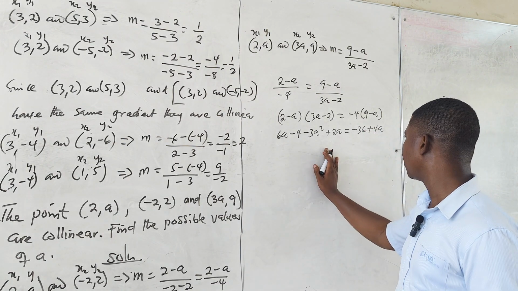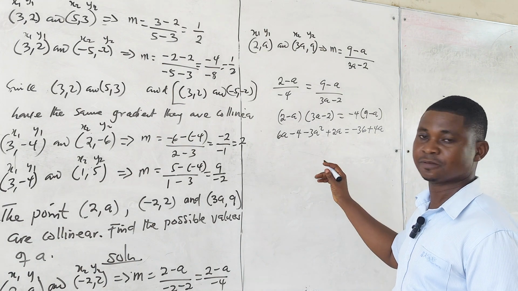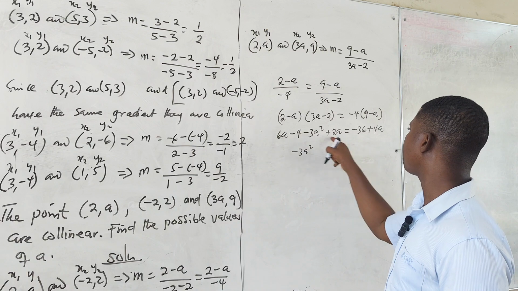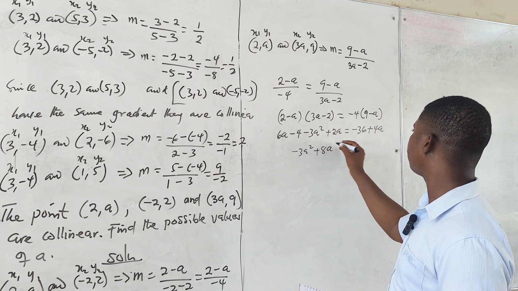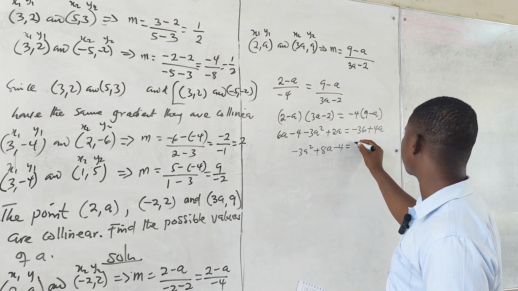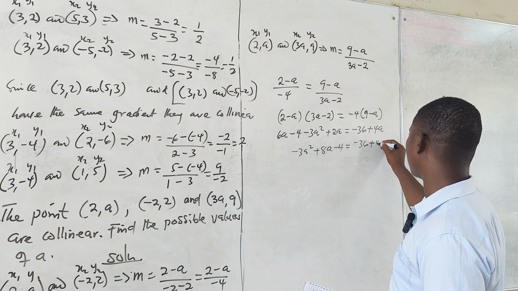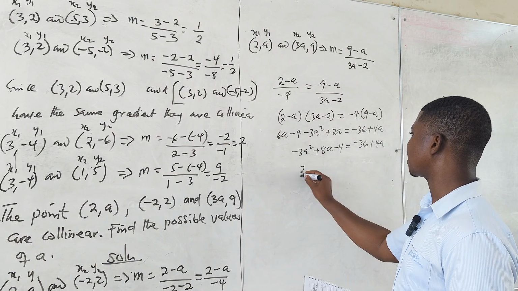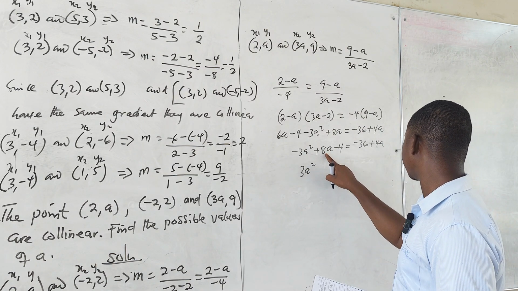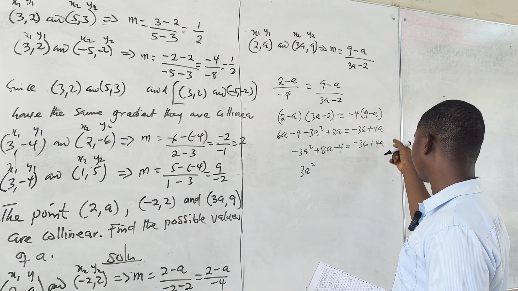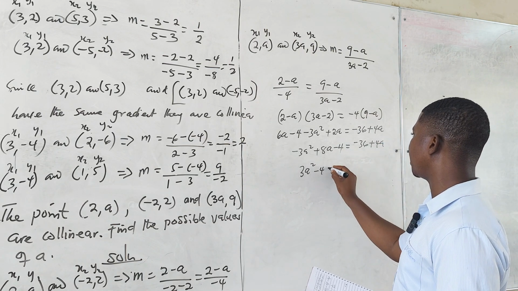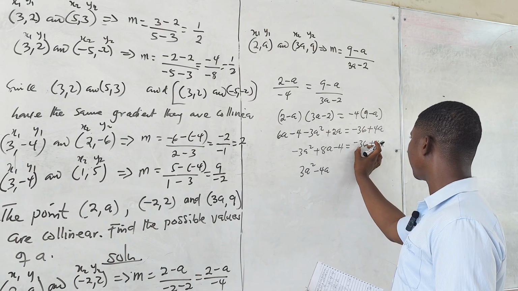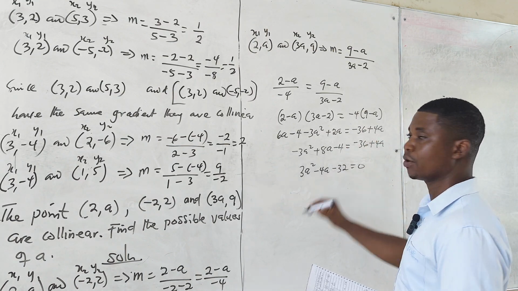So having gotten that, we can continue to simplify this. Let's group them. We have minus 3a squared plus 8a minus 4 is equal to negative 36 plus 4a. So we can send all of them to this place. So this one is negative, moving to this place becomes 3a squared. 8a moving to this side becomes 4a minus 8a, that's minus 4a. Then negative 4 moving becomes positive, so we have minus 32 is equal to 0.